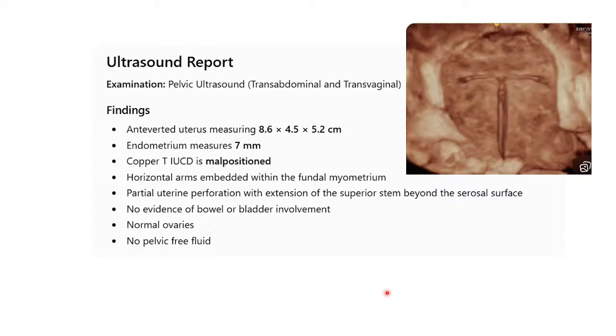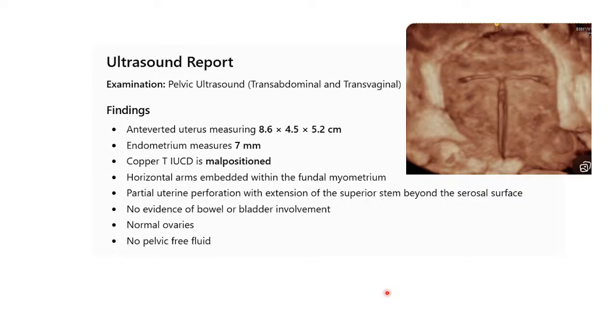Endometrium measures 7 millimeters. The IUCD is malpositioned. Look at what is going on. Horizontal arms within the fundal myometrium. Partial uterine perforation with extension of the superior stem beyond the serosal surface. No evidence of bowel or bladder involvement. No ovarian or pelvic perforation noted.